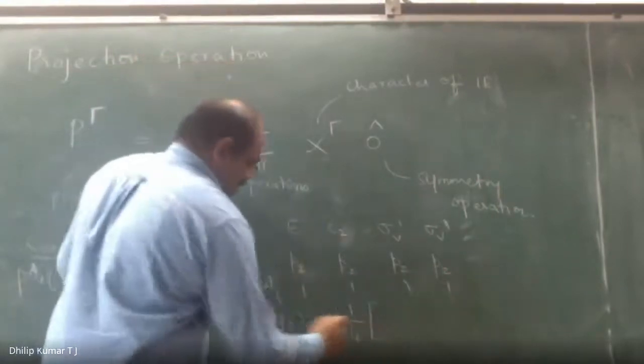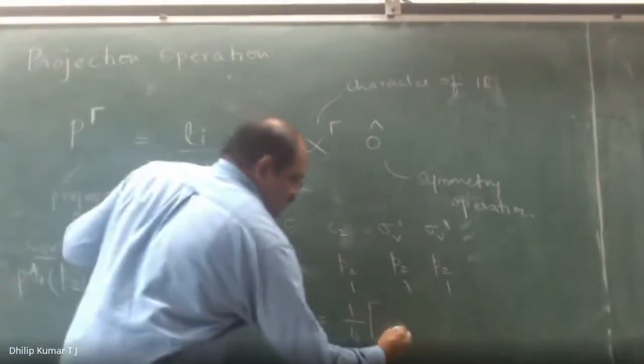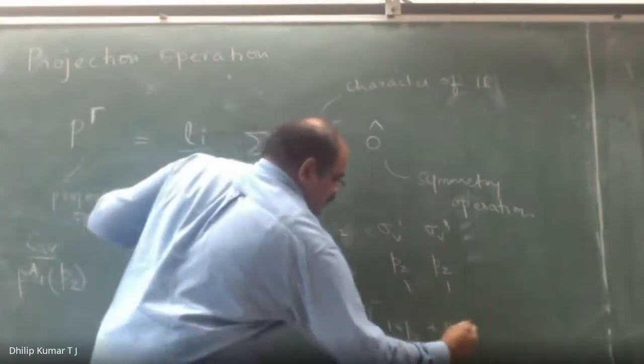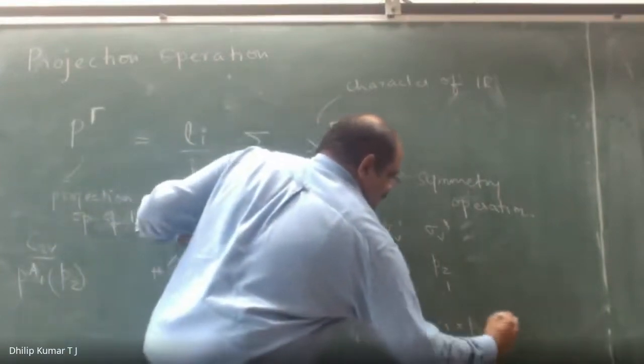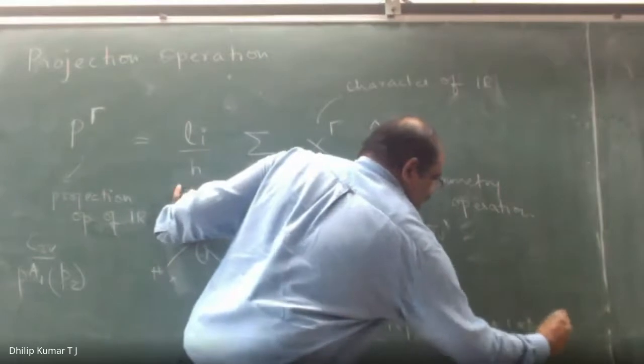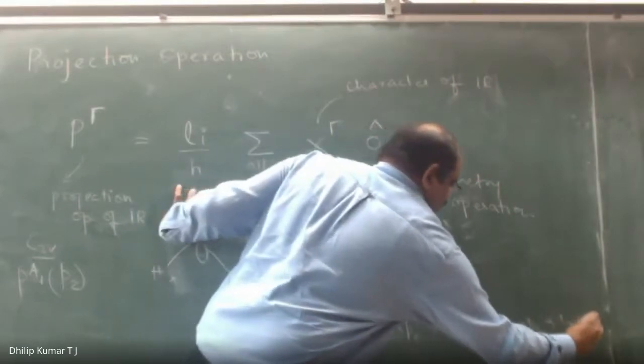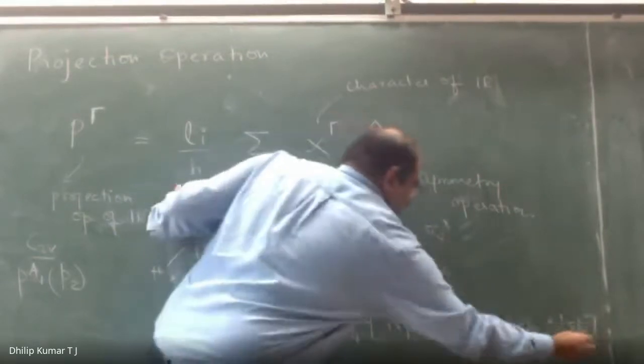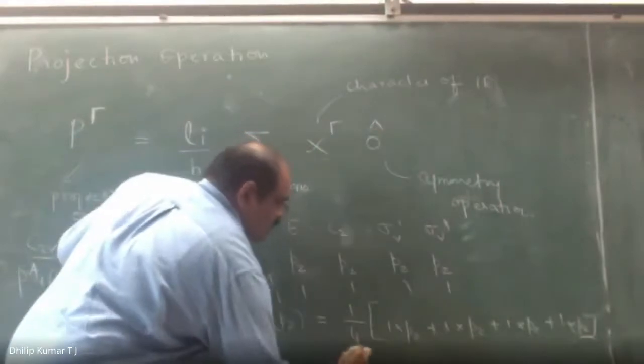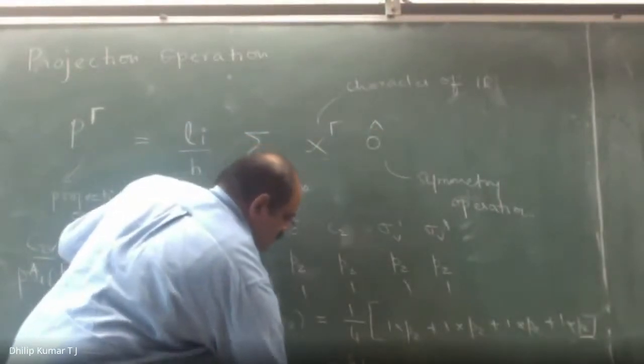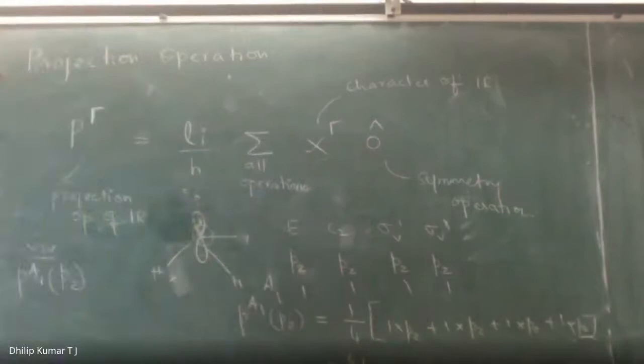So it is 1 into PZ plus 1 into PZ plus 1 into PZ plus 1 into PZ. So here it becomes 4 by 4 PZ. So if you project out the PZ orbital in A1 symmetry, it results in PZ only.